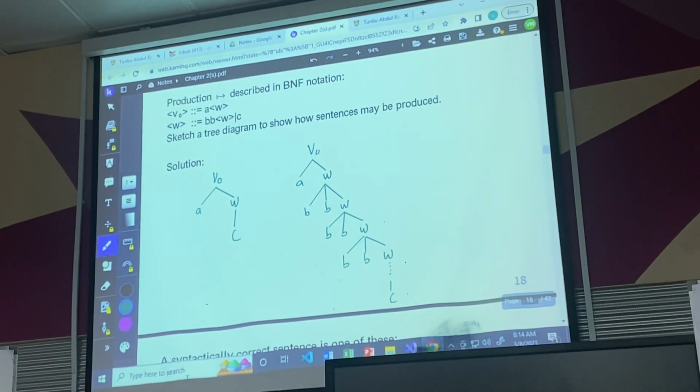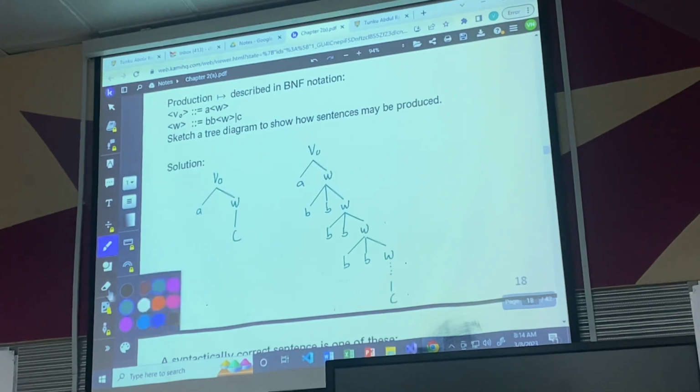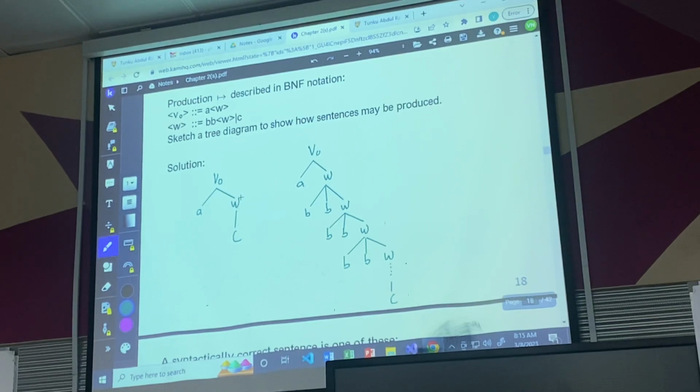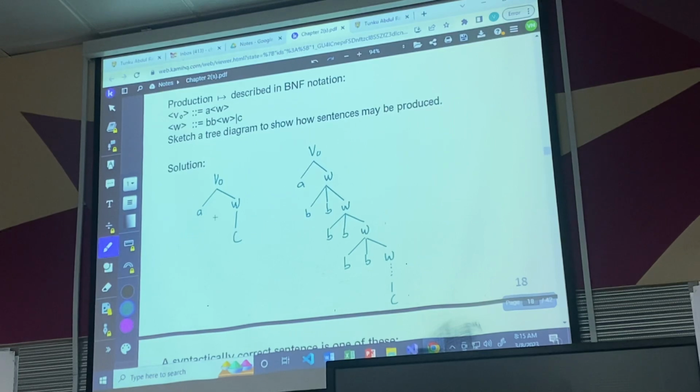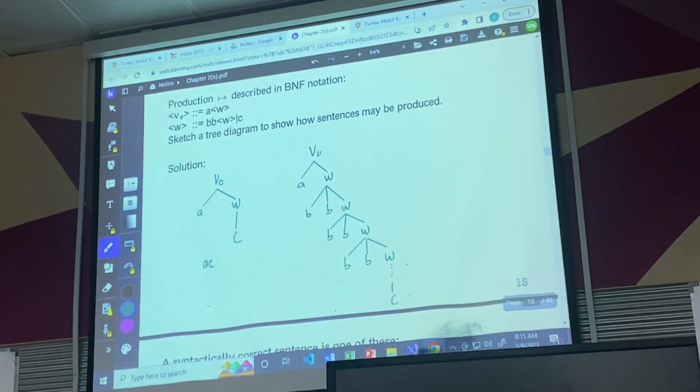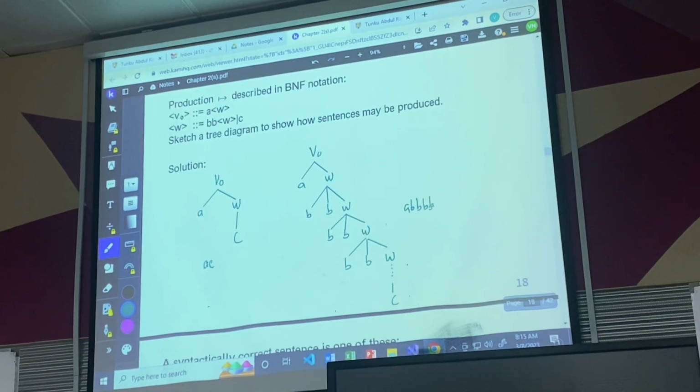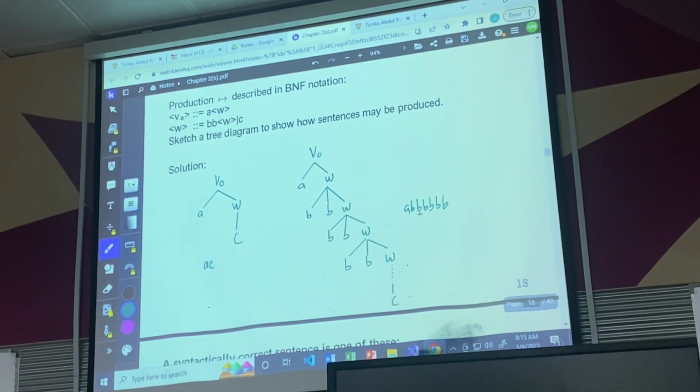So how do we want to describe the LG for this if you keep on substituting the BBW? If you only substitute the W straight away with C, what is the string we have? This one is AC, right? The string. Correct? And this one is A, BB, BB, depends on how many times you substitute the B, and then C, right?